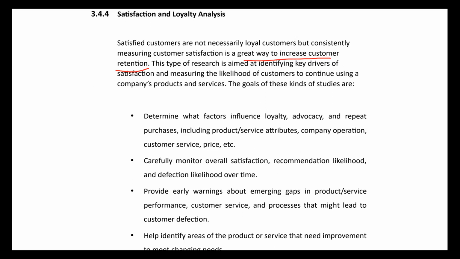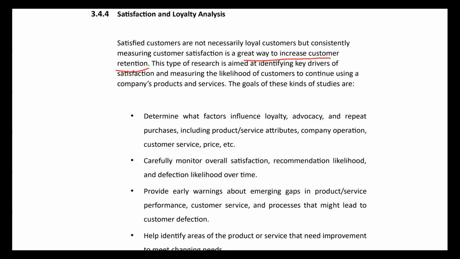So now, the goals of these kinds of studies, where you are doing a satisfaction and loyalty analysis, are to determine what factors influence loyalty, advocacy, and repeat purchases, including product or service attributes, company operations, customer service, price, promotion, among others.